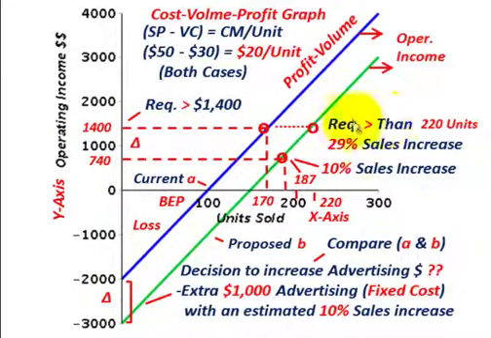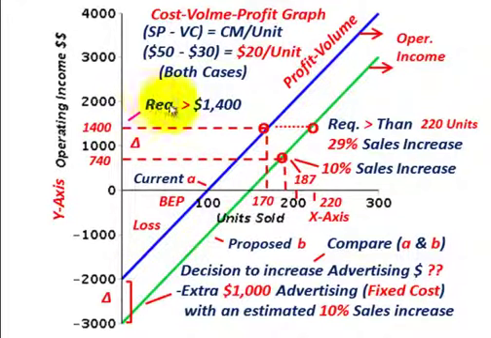Now that's based on the fact that we spent that extra $1,000 in advertising cost, or we increased our fixed cost by $1,000. So just to show that you'd actually have to increase your sales by 29% just to equal what we're currently doing.